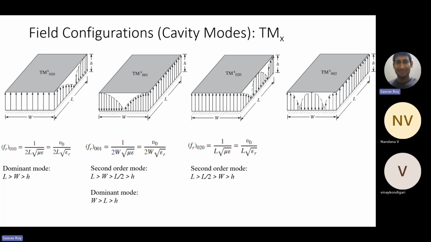Tell me how it will be excited, in any waveguide or antenna. This is the configuration. If you provide energy in this configuration, this field will be like this. But how do you provide the energy in this configuration? That is the question.